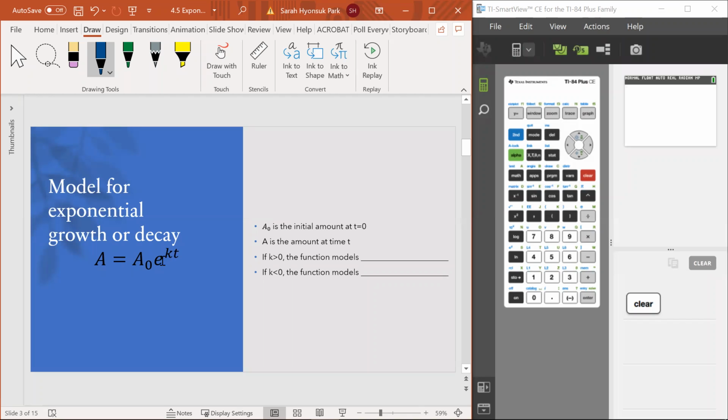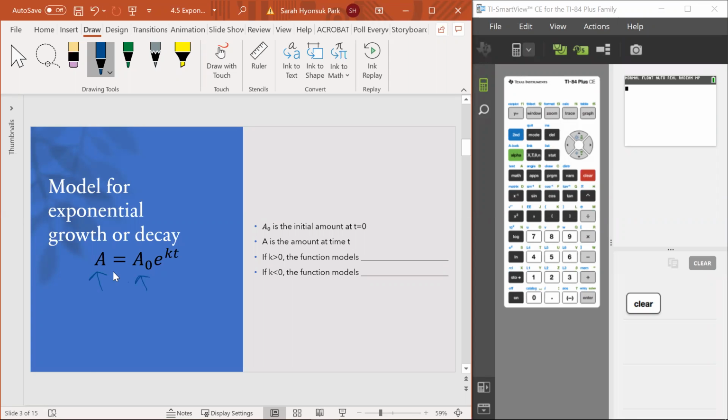E is around 2.718. It's a base e that we use a lot in exponential growth and decay models. A here is the amount at time t. So this right here is the final amount when we're interested in that time t.